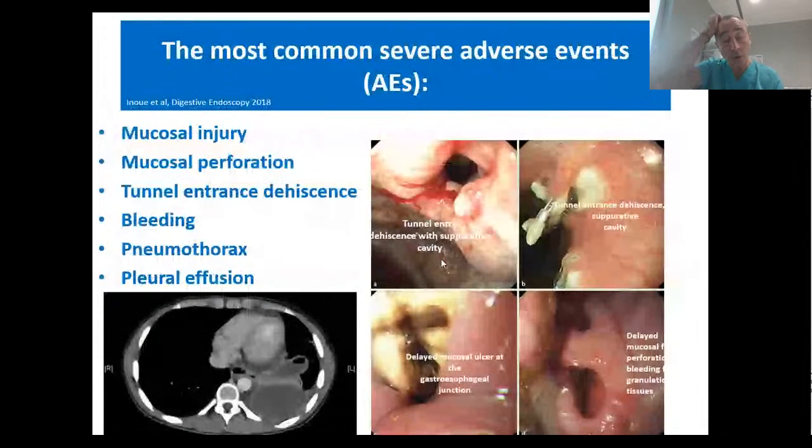Of course, when you do POEM, you need to be prepared for adverse events. The most frequent adverse events were reported first in a very beautiful paper in 2018 by Haru Inoue. There may be mucosal injury, perforation, problems with the tunneling, bleeding, pneumothorax, and pleural effusion.